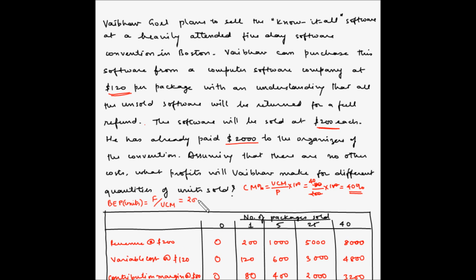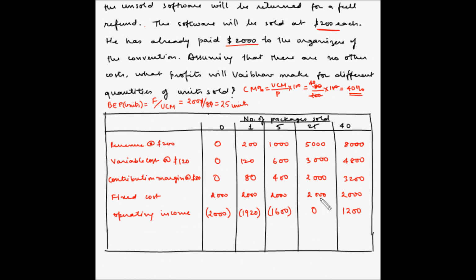So 2000 divided by the unit contribution margin, which is $80. So 0 gets cancelled with 0, and 200 divided by 8 is 25. And this is what we had seen earlier here. At 25 units, the operating income is 0, which is no profit, no loss. So this is the break-even point.